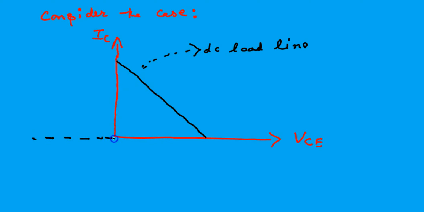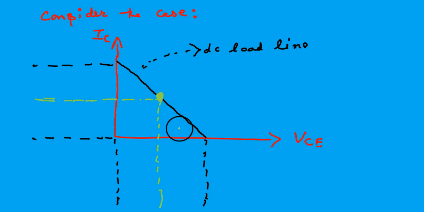Let me draw some parallel lines like this. This is the Q point, the middle point of the load line. The yellow lines correspond to the Q point.